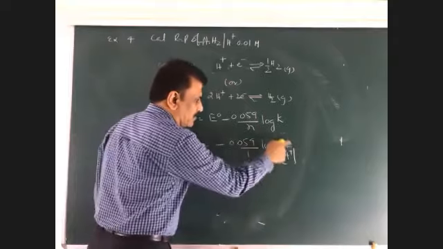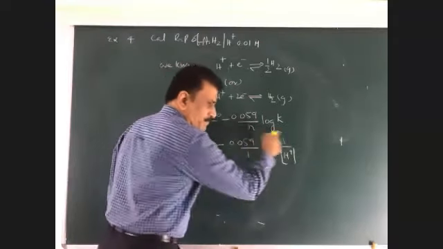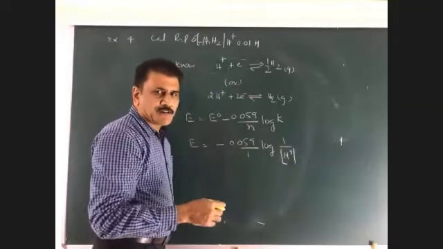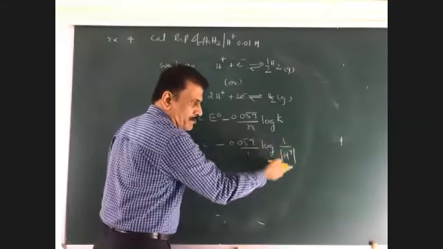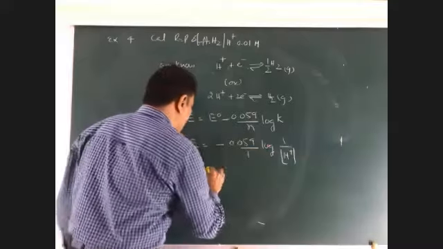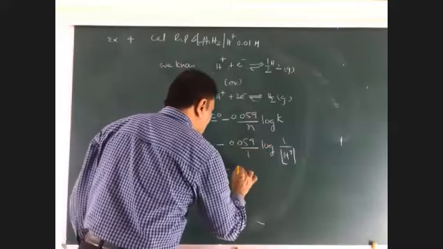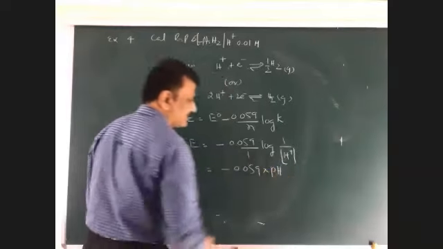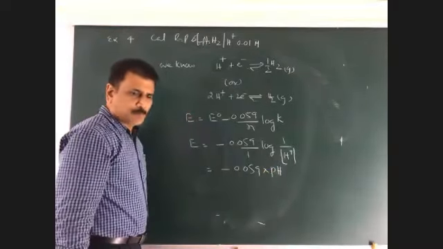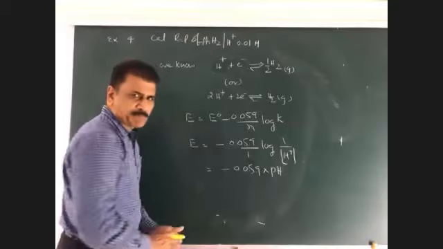This is written as minus log H plus, which is nothing but pH. Minus log of H plus is pH. If hydrogen is brought upward, it becomes minus log. Therefore, E equals minus 0.059 into pH. This is another formula you can obtain.